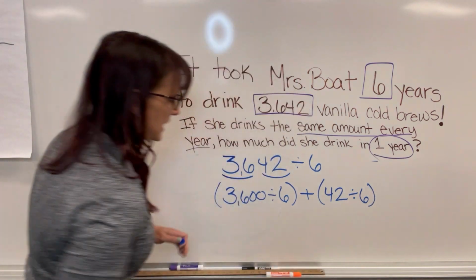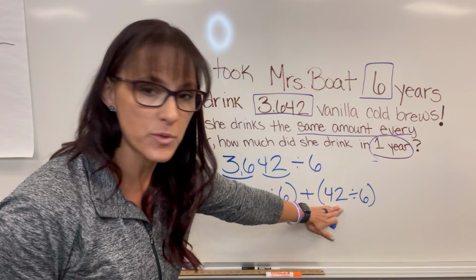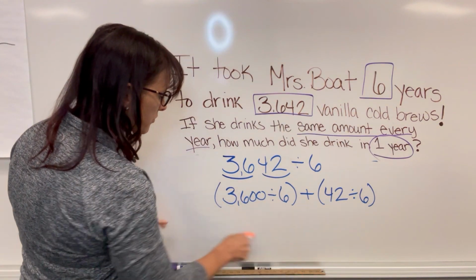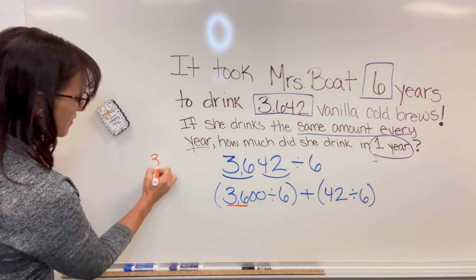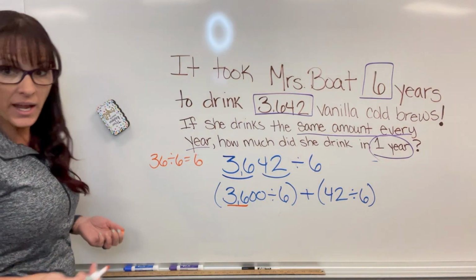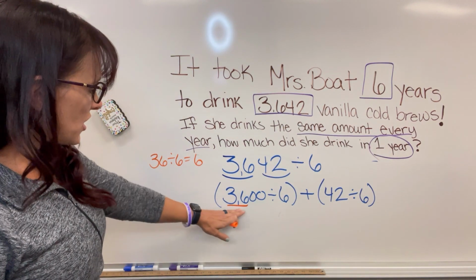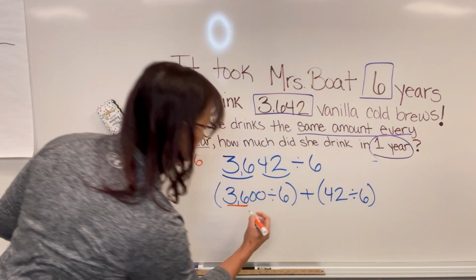So now I've taken my 3,600, I've taken out my 42, now I'm going to divide those up. Now I already know that 36 divided by 6 is 6, right? So applying what I already know, I'm going to go, well, 3,600 divided by 6 is going to be 600, right?